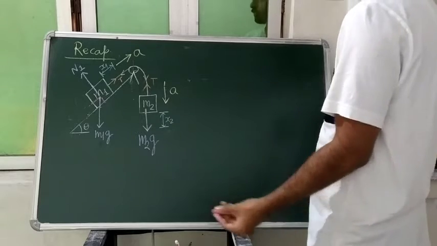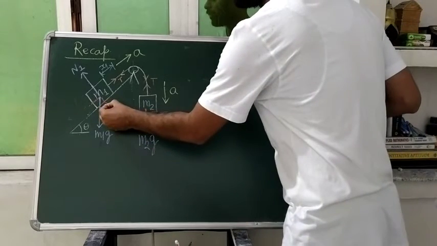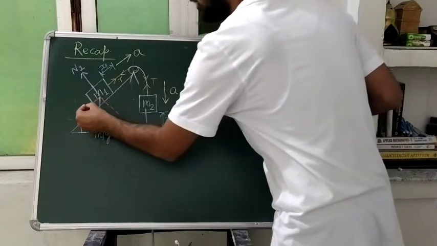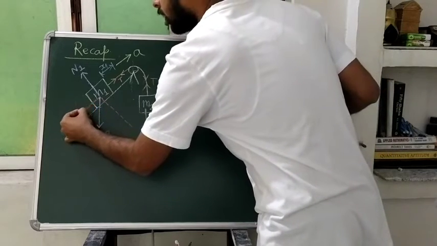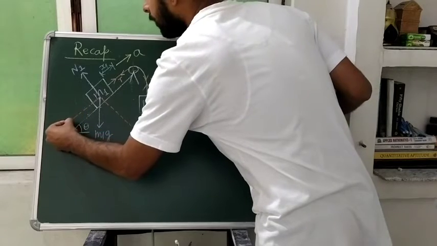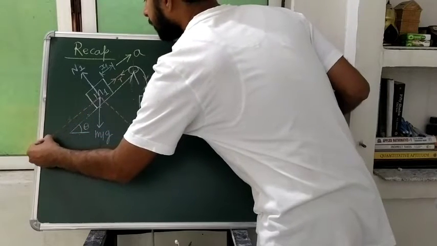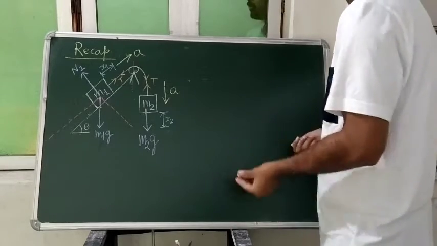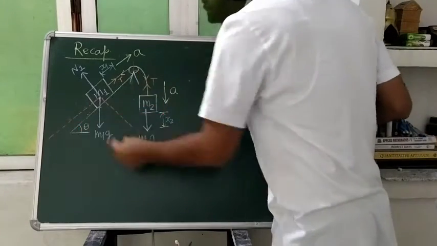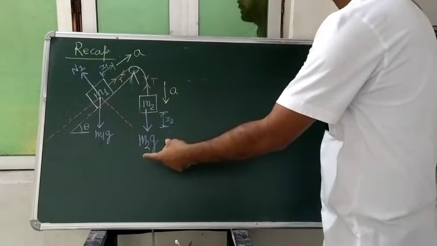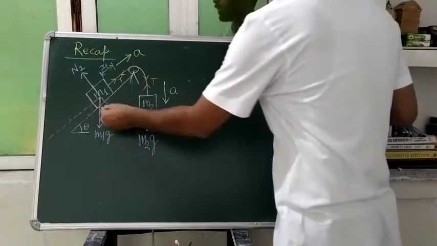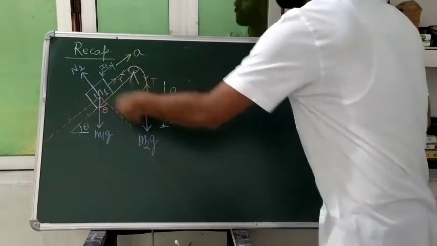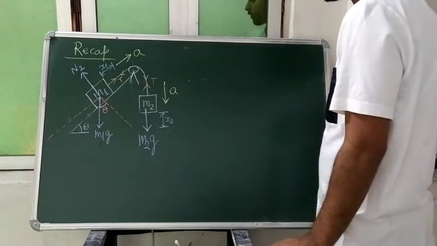So our next task will be to resolve this force along the contact surface and perpendicular to the contact surface. And student, I have told you that whatever angle the inclined plane makes with the horizontal, the same angle the force due to gravity will make with the perpendicular of the contact surface.